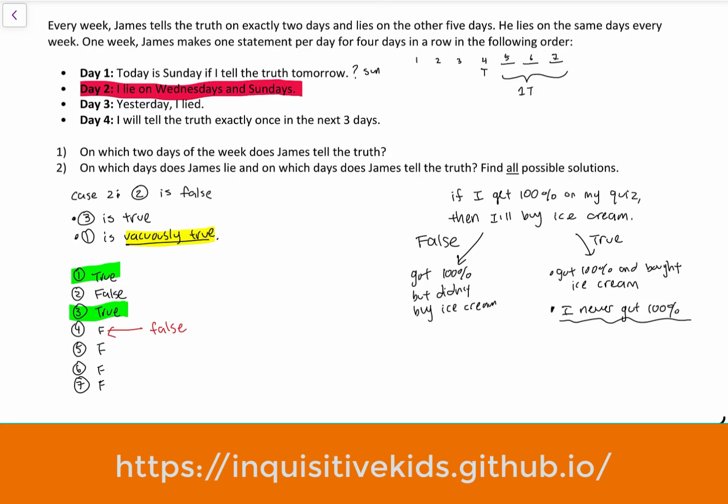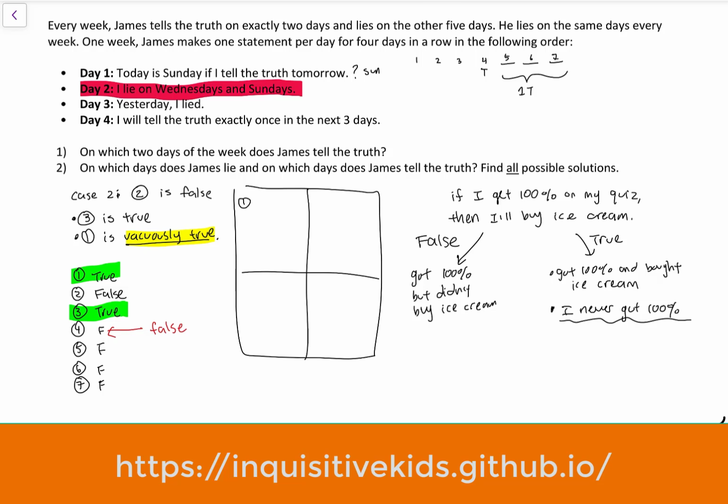So there are 4 cases. Let's split this up into 4 cases. The first case is that day 1 is Wednesday. The second case is that day 1 is Sunday. And then a third case is that day 3, which is the other truth day, is on Wednesday.